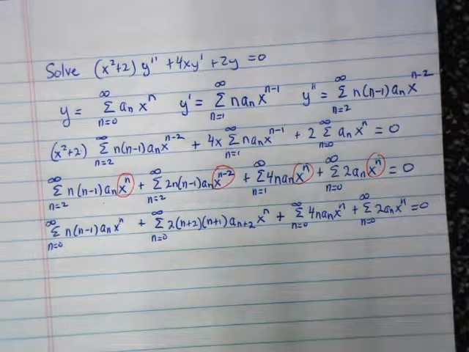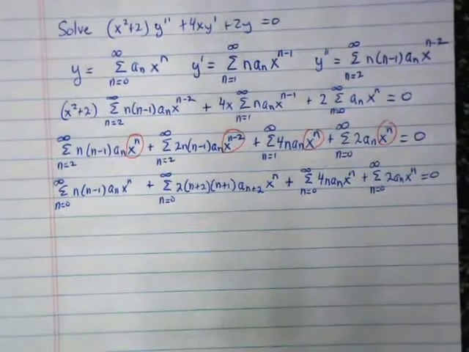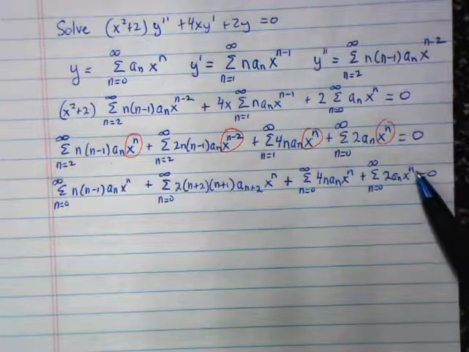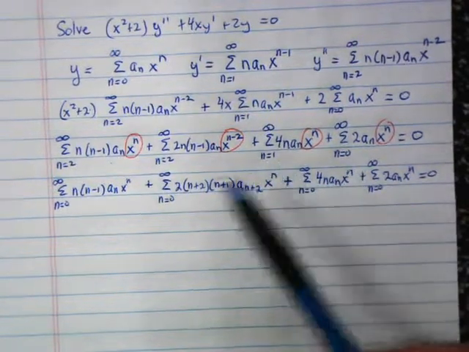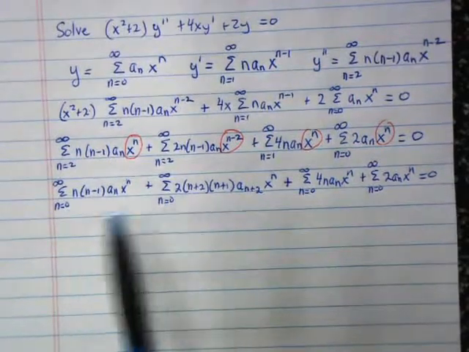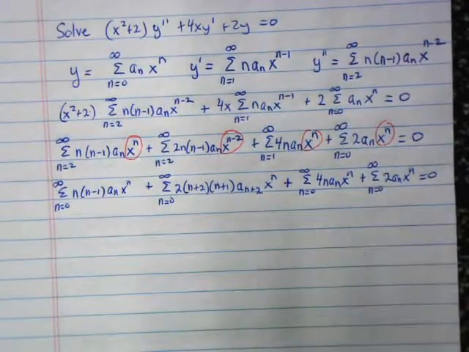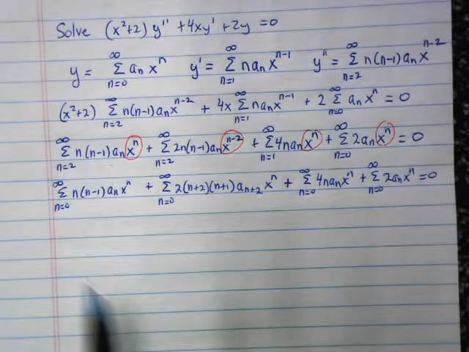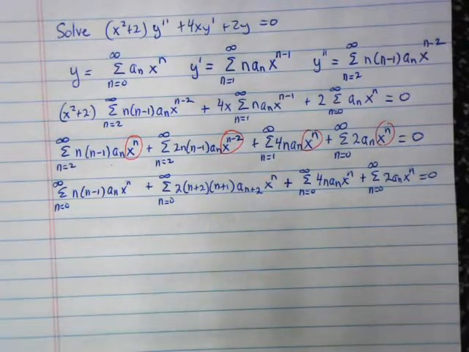Okay, so now I'm getting happy, because now all of the x to the n's have exactly the same power, and they all start at n equals 0. So what has to happen? How do I add a whole bunch of infinite things together and end up getting an answer of 0? All the insides have to be 0.